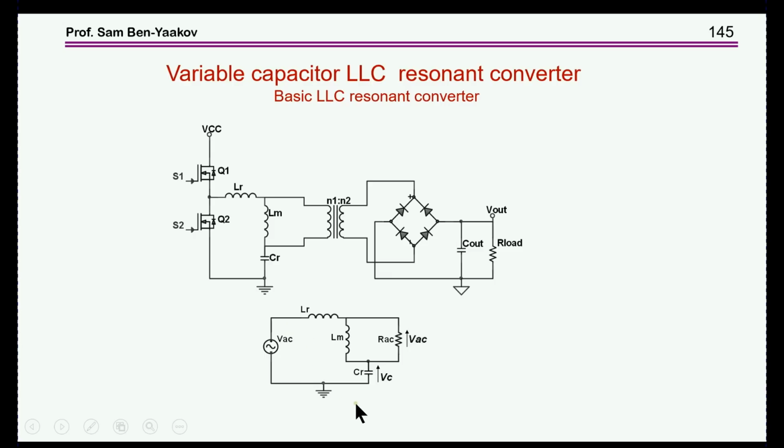So as far as the resonant circuit is concerned, it does not know that it now has a resistor rather than this nonlinear circuit. This is also based on the fact that you are close to resonant, so the current is sinusoidal.